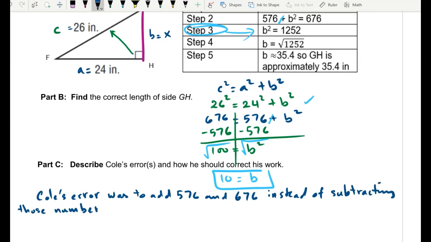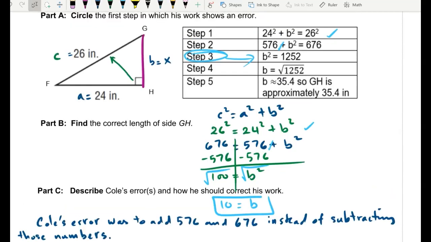That is how he should correct it. His mistake is that he added instead of subtracting, and we already showed that he should subtract them.